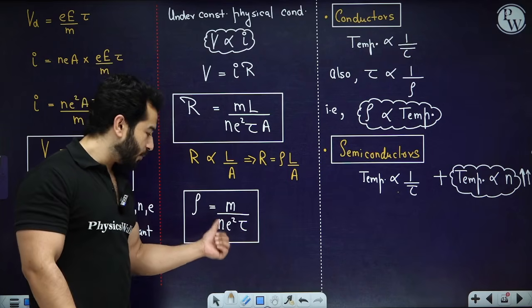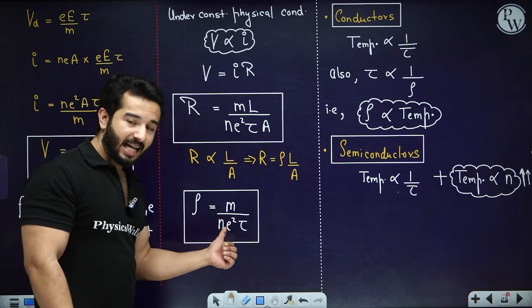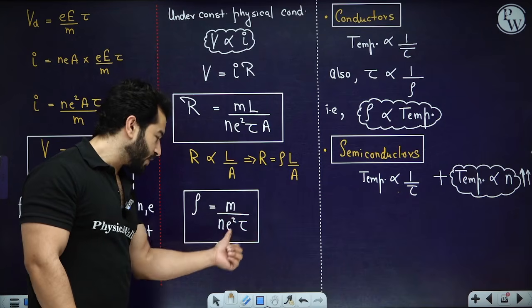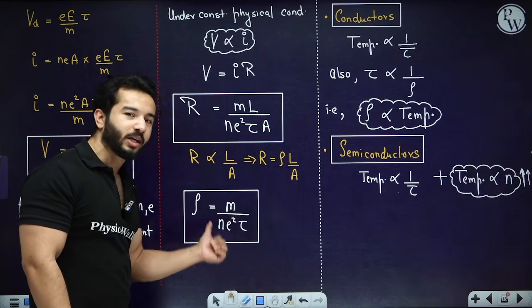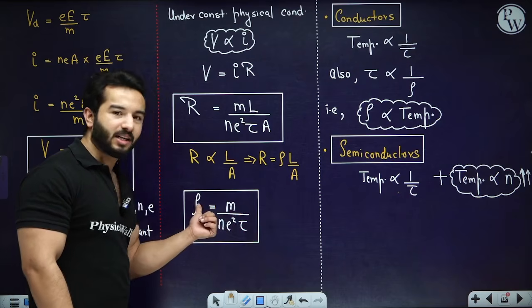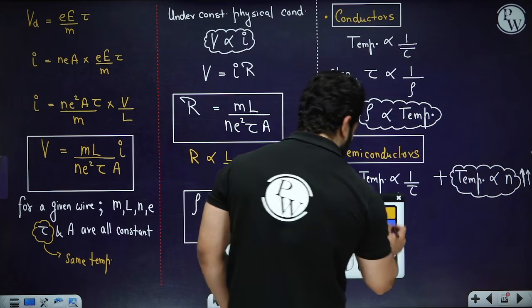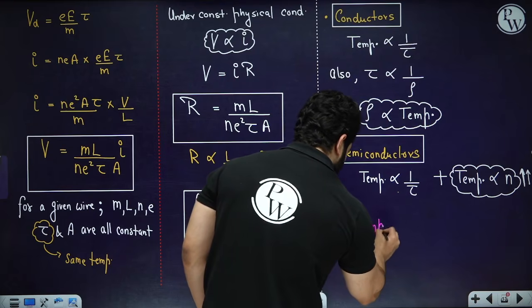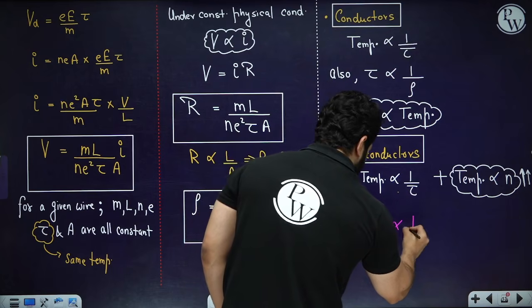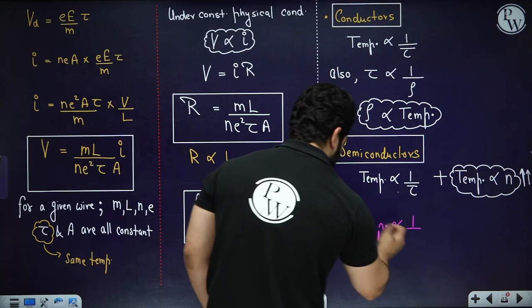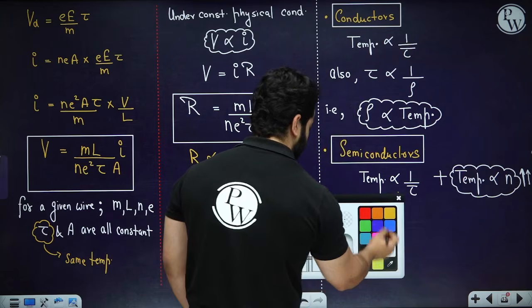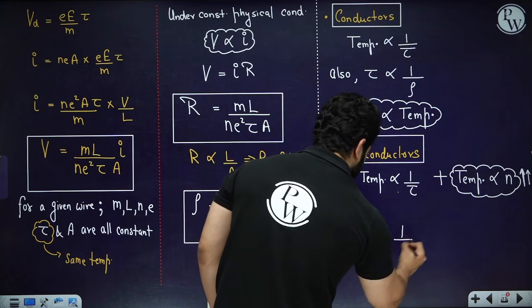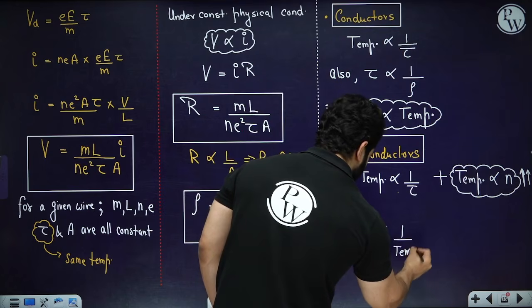If N in the denominator is increasing and this factor is overpowering the other one, the denominator increases, so the resistivity will decrease. So in short, I'm going to write: resistivity decreases with increase in temperature for a semiconductor.